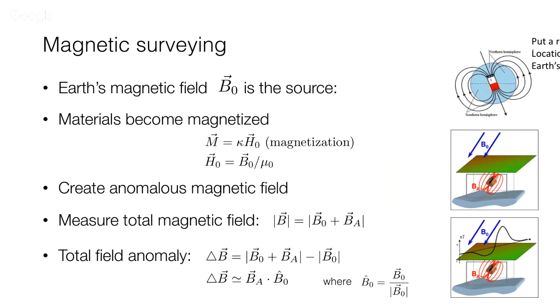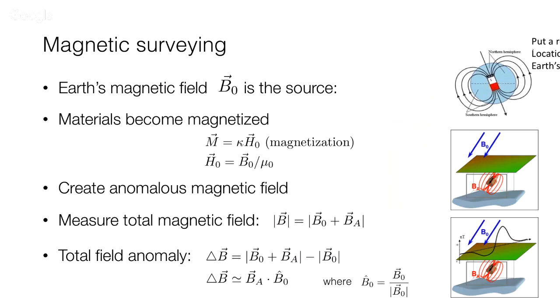The magnetization is equal to kappa, the susceptibility, times H naught, which is the magnetic field. That gives you the magnetization. This body then has its own magnetic field, right? So you can imagine the Earth field coming down here, the body gets magnetized in this particular direction, and it's got a magnetic field that looks like this.